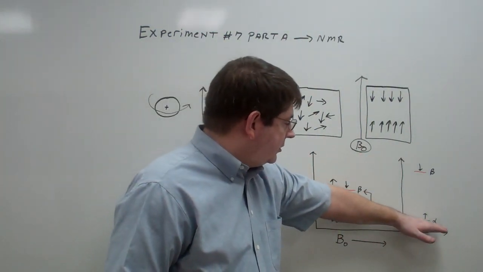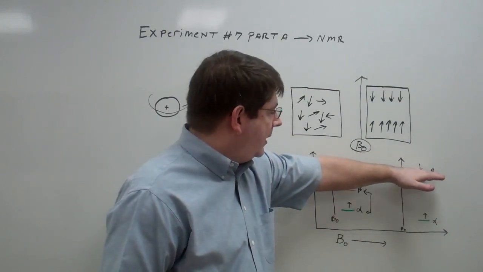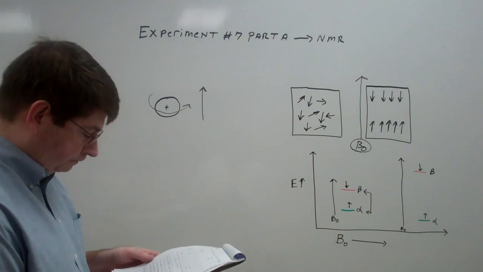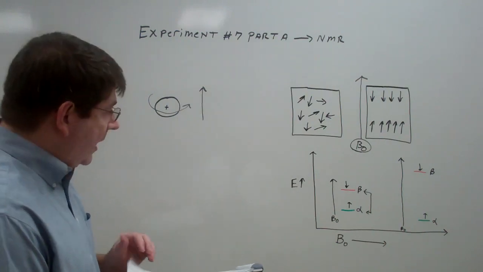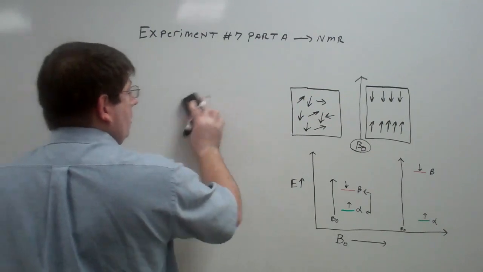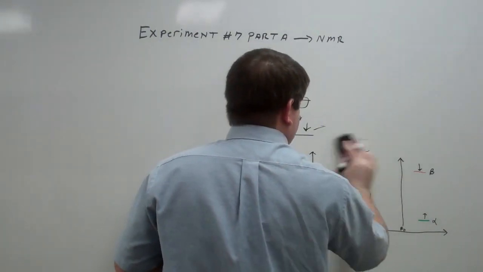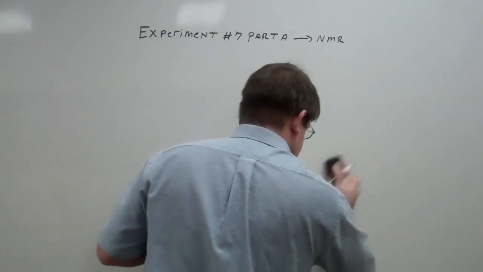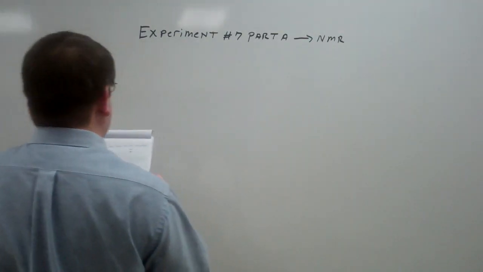Seems pretty simple. We just start off here and we populate up to the beta state and measure the energy that's absorbed. Okay? But when we go to Proton NMR, let's talk a little bit about some of the practical things.